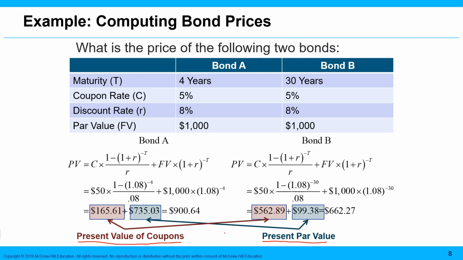On the other hand, if we compare the present par value of those two bonds, we can find that because bond A's principal payment is in the near future, while bond B's principal payment is far away, the present par value of bond A is much higher than that of bond B. As a result, bond A, despite having a lower present value of coupons, has a high present par value that contributes to its high price.